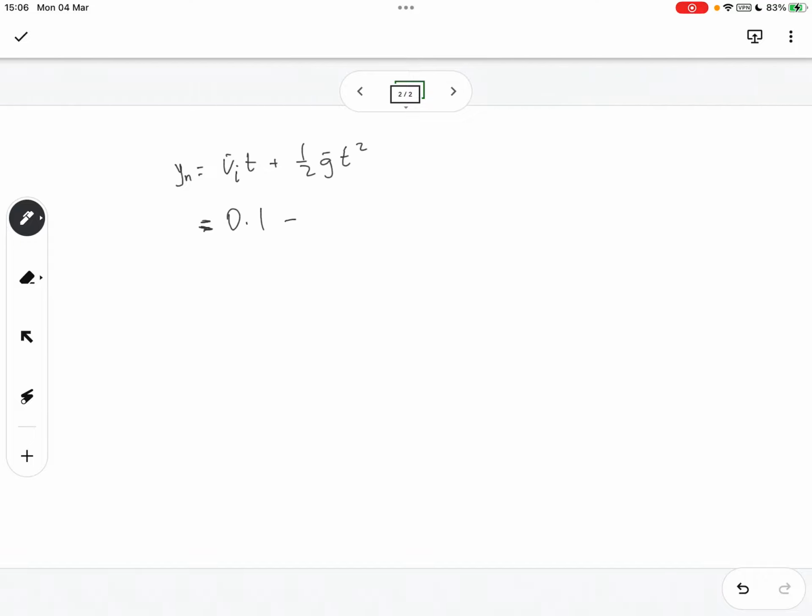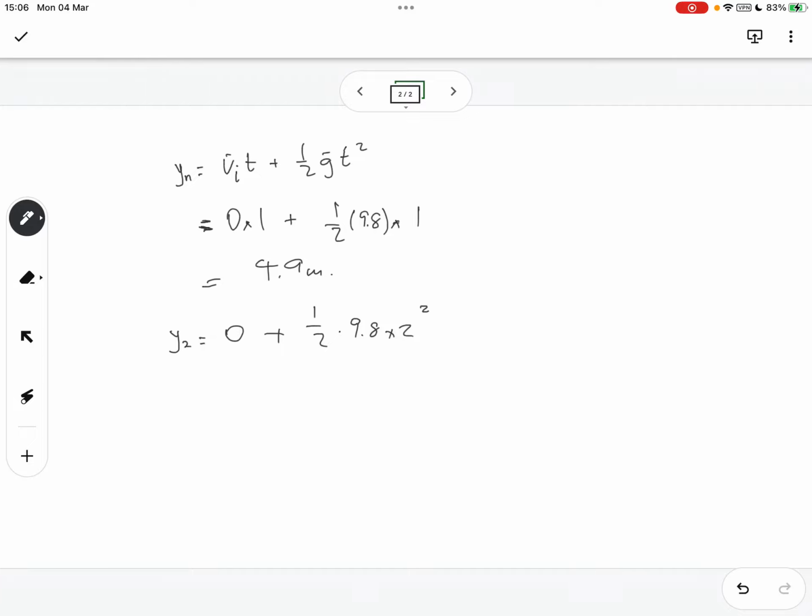At n equals 1 second, v initial is 0 times 1 plus a half times 9.8 times 1, which should be 4.9 meters.